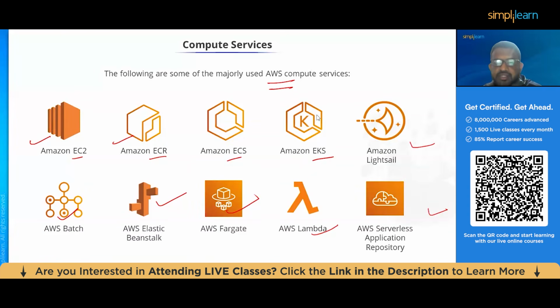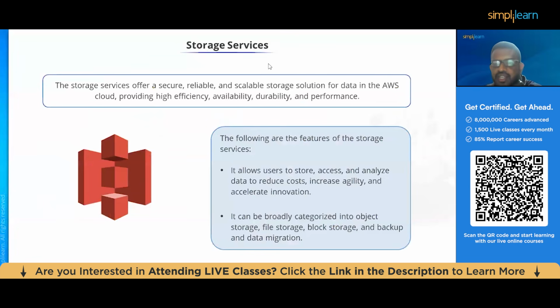Now, let's move on to the next service called storage. Here you can see, folks, we have a storage service which offers a secure, reliable, and scalable storage solution for data in the AWS cloud. It provides high efficiency, availability, durability, and performance also.